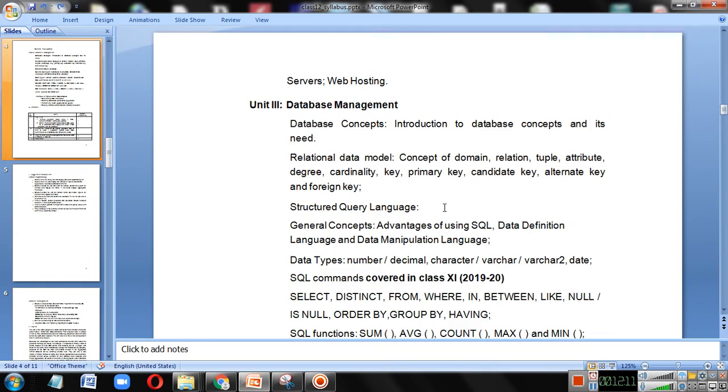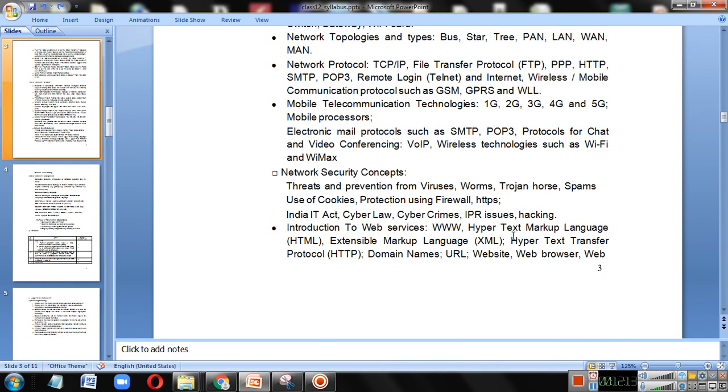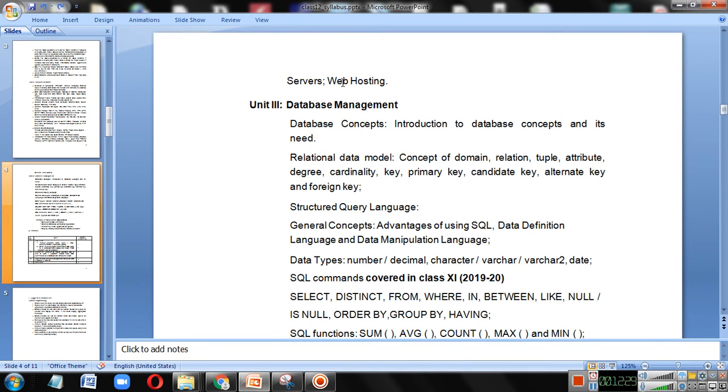Apart from that we have introduction to web services, that is WWW, World Wide Web, HTTP, HTML, XML, then domains, URL, websites, web browsers, web servers and web hosting.